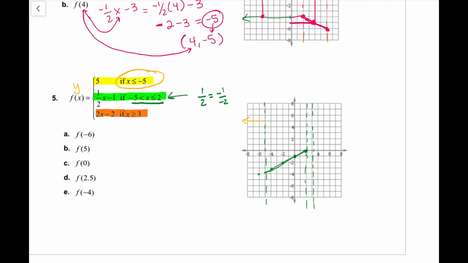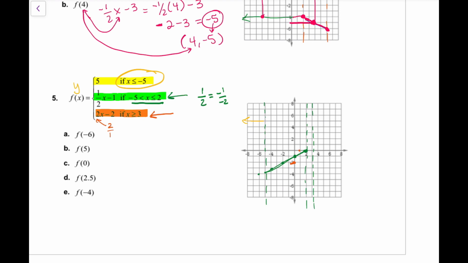Now, on the third line, the orange, if x is greater than 3, I have the line 2x minus 2. So I'm going to start at minus 2. And then 2x gives me up 2 over 1.